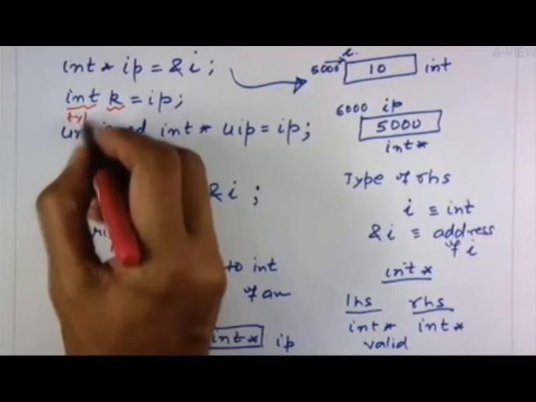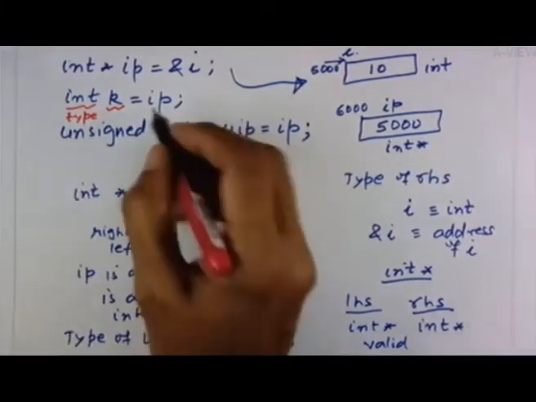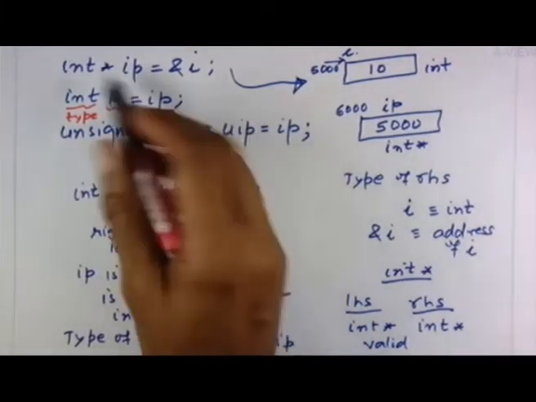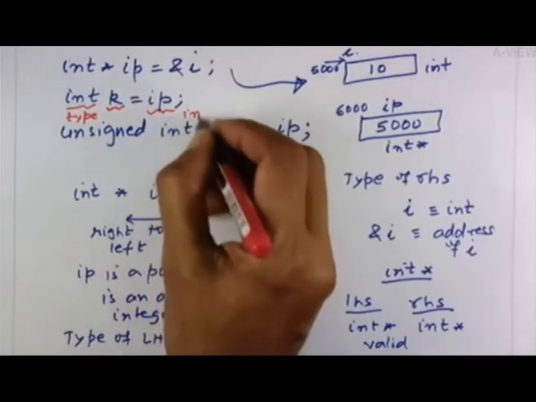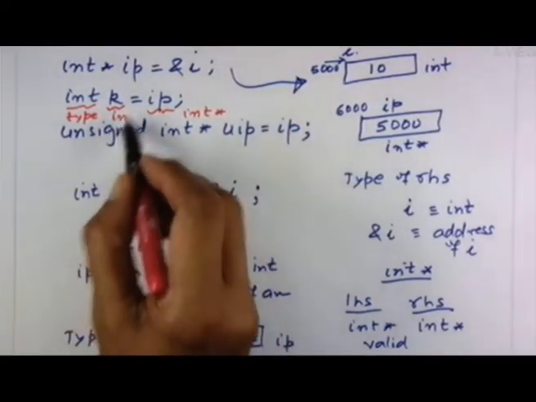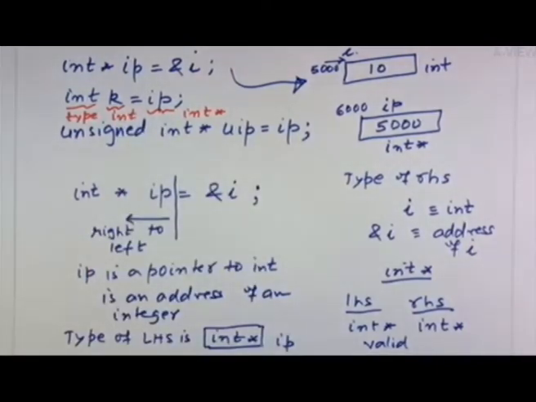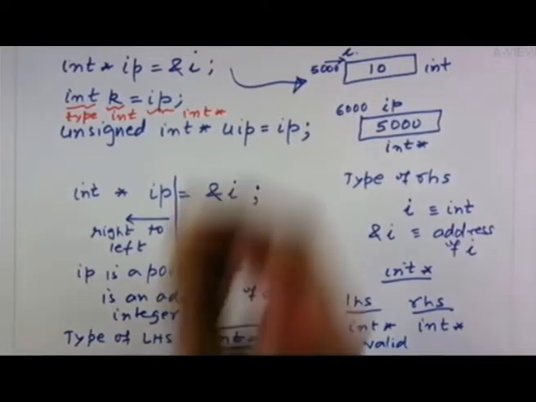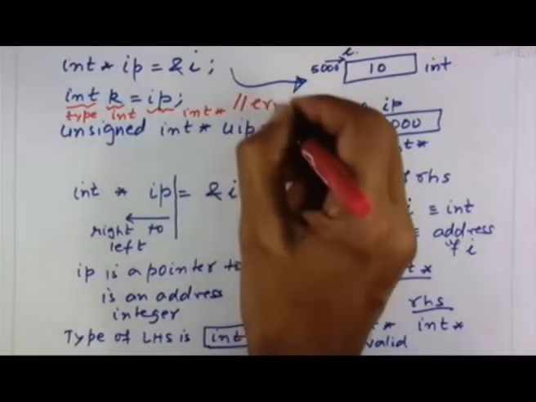On the right hand side I have IP whose type from the previous statement is int star. So int and int star, they don't marry well. You can't take an integer and an address and put them together. An object and an address are coming from different worlds. So this is invalid and it's a compiler error.